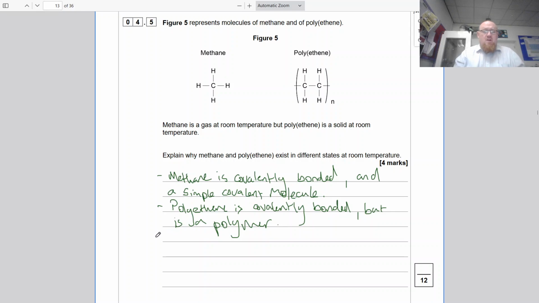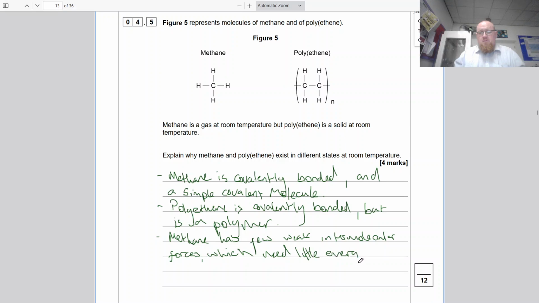What we do is we say methane has few weak intermolecular forces, which need little energy to overcome.